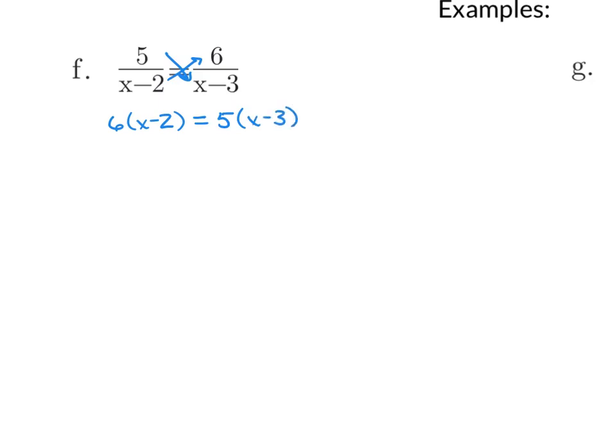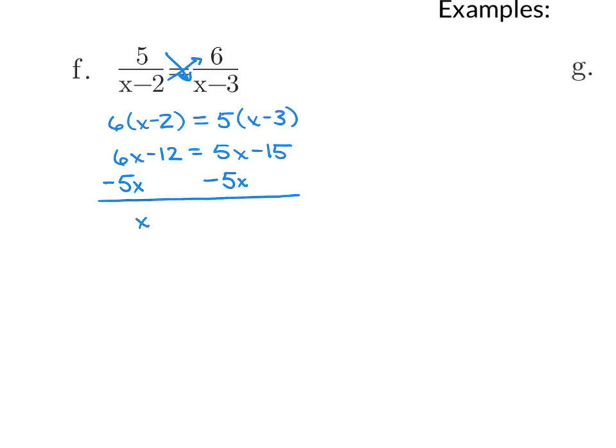We can go ahead and distribute. We get 6x minus 12 equals 5x minus 15. This is a linear equation. I don't have any squares, so I'm going to move all of my variables to the left.